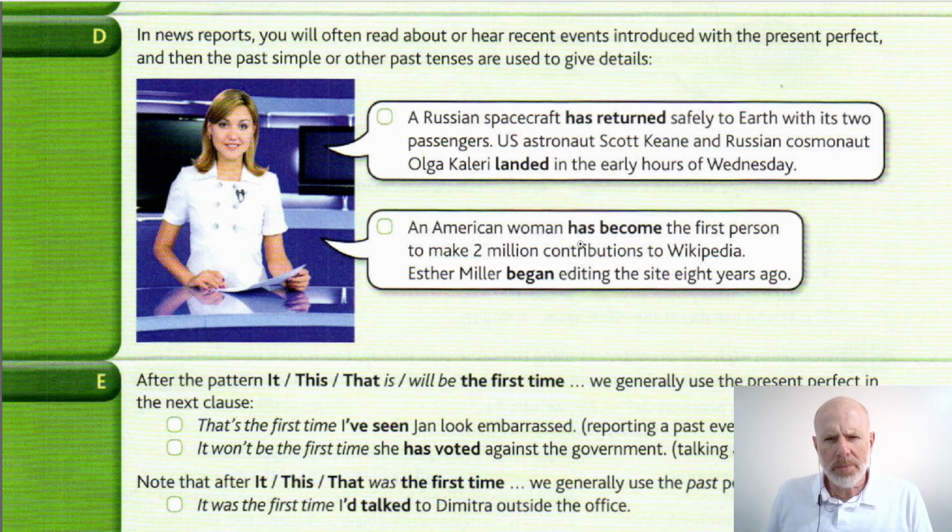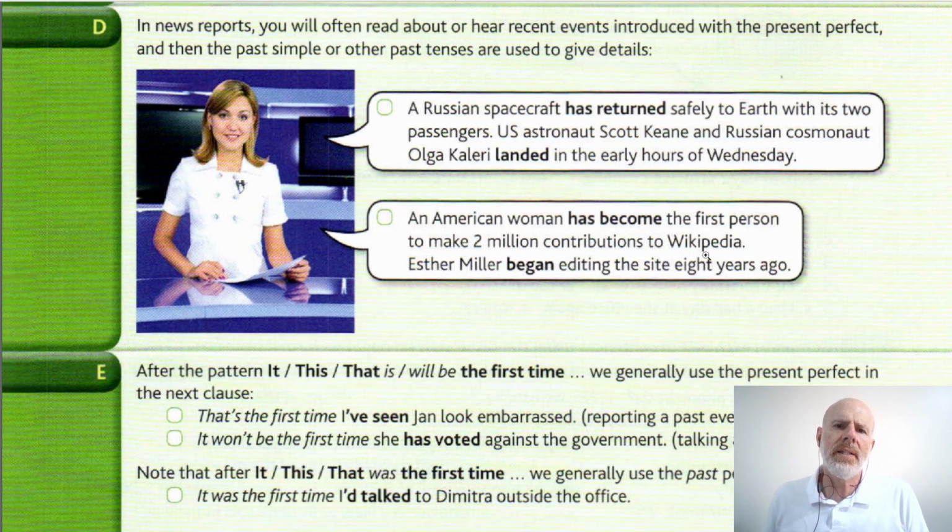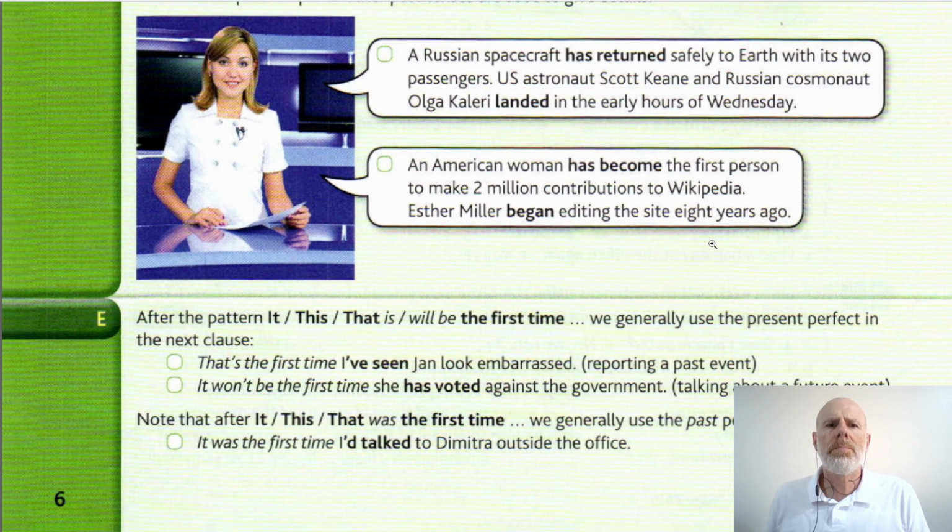An American woman has become the first person to make 2 million contributions to Wikipedia. Esther Miller began editing the site 8 years ago. So you see, we have present perfect to introduce the topic, and then past simple to give more details.